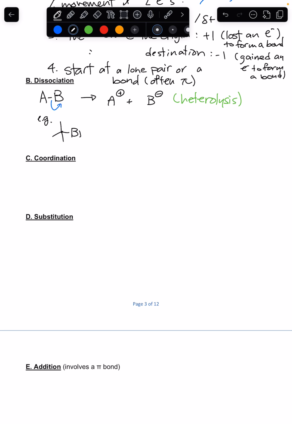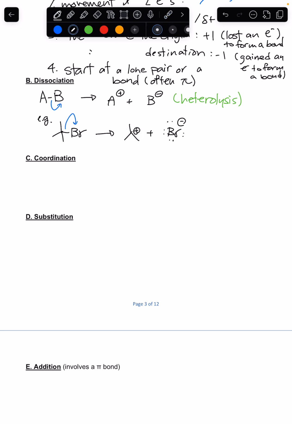An example of heterolysis type of dissociation would be something like this, where an electronegative atom like a halide gets the electrons and becomes an anion, meeting the octet, and the carbon here gets a positive charge instead.